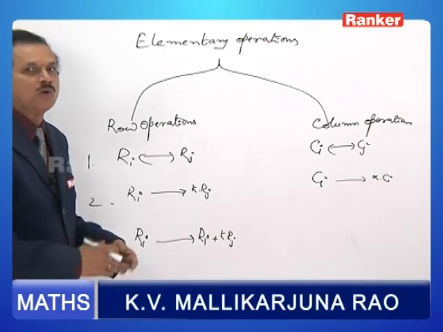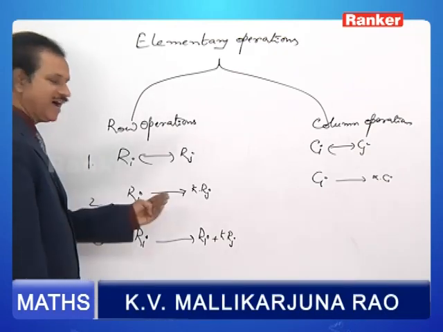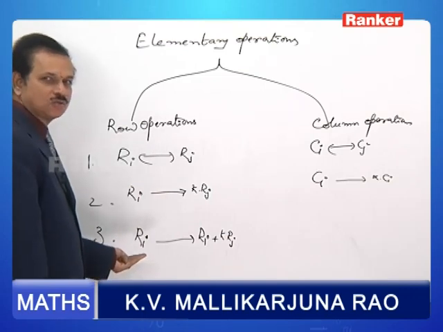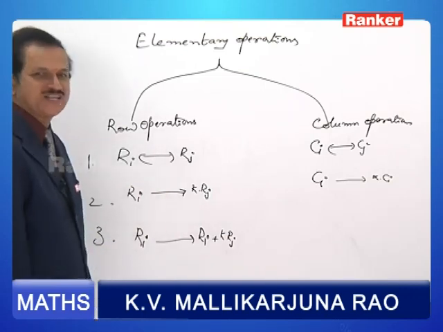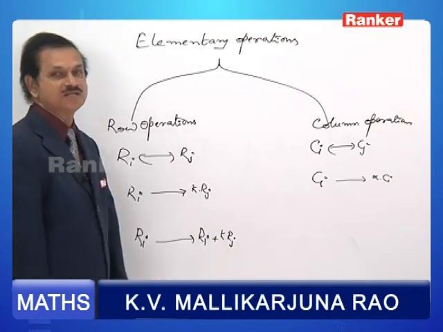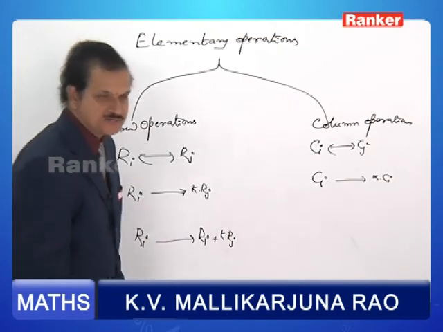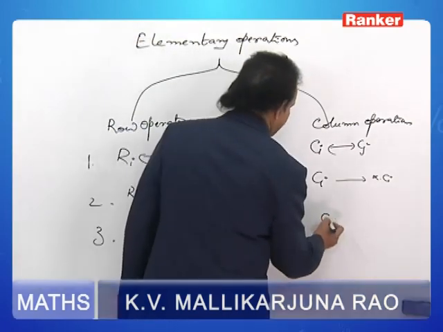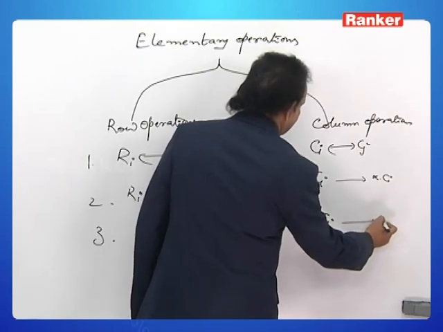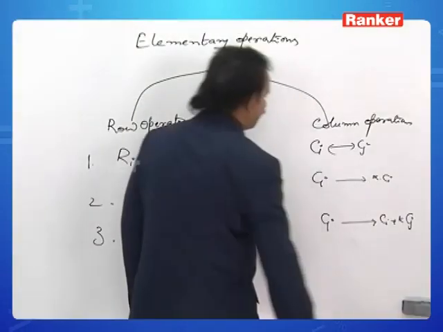What is the row going to be changed here? ith row. To the elements of ith row, k times the elements of jth row are being added. What is the corresponding column operation? To the elements of ith column, k times the elements of jth column are being added.